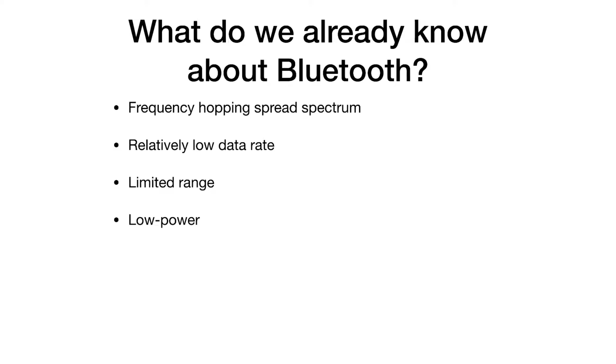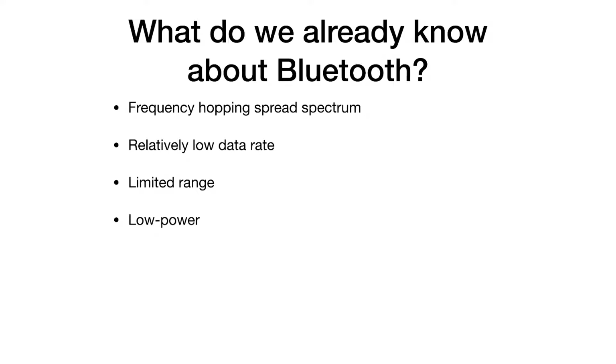Well, we know, it was a question on a test, a homework, that it uses frequency hopping spread spectrum. So that's one thing you should know already, that Bluetooth uses frequency hopping spread spectrum. You might also know that it's low data rate. You're not sending a lot of data through your headphones to play the audio.